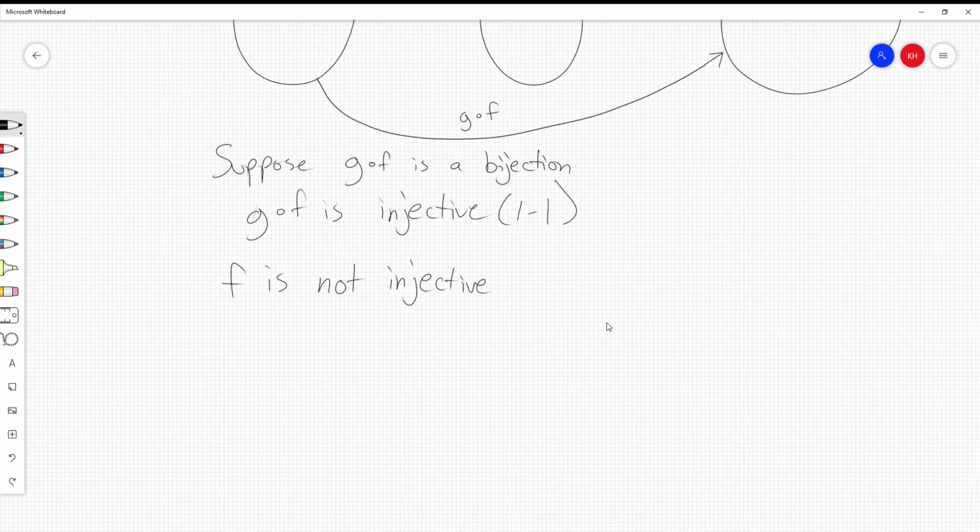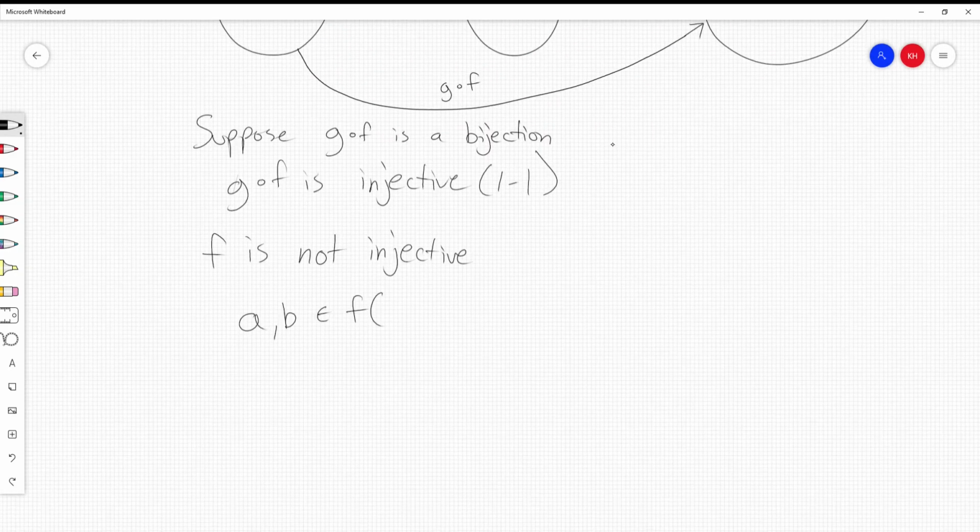And so we're going to have two elements, a comma b, in A, and we'll say that f of A is equal to f of B. This is fine for us to do because we're assuming it's not one-to-one, all right?